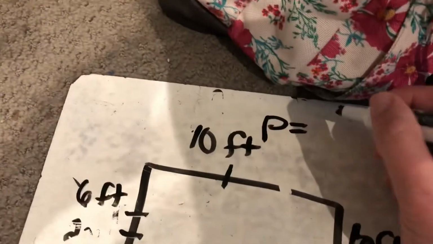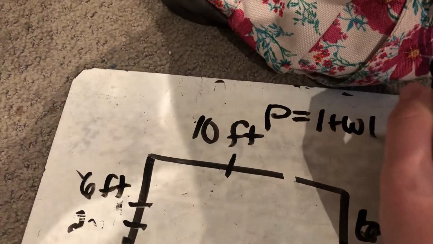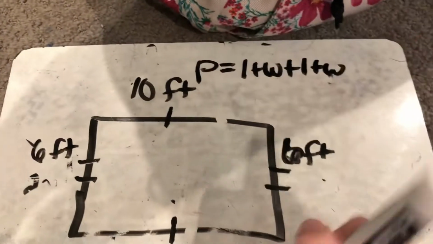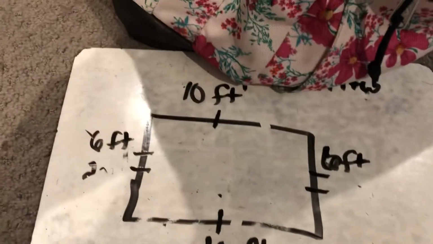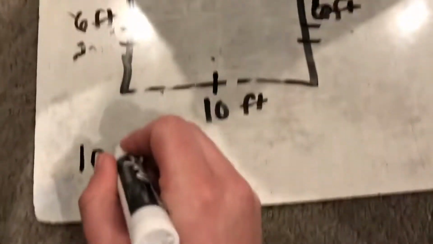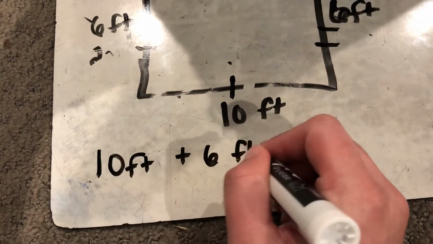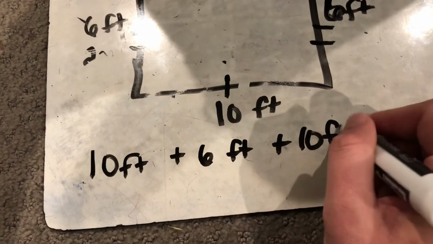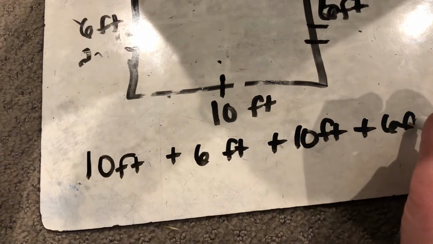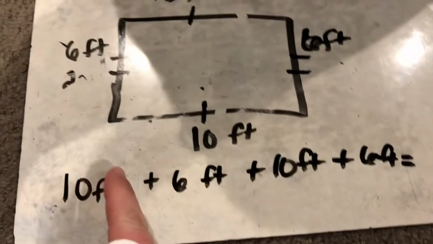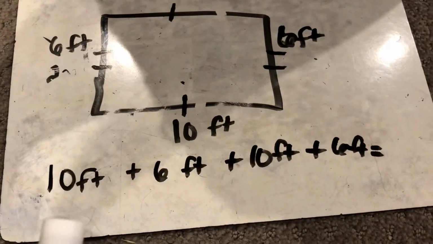Okay, so perimeter equals length plus width plus length plus width. Okay, so we're going to add up all those. So I'm going to add 10 feet plus 6 feet plus 10 feet plus 6 feet equals, okay, I go ahead and I add the easiest stuff first.